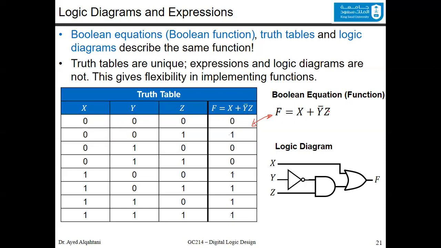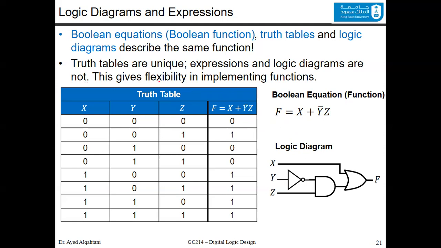By having a function, you could generate a truth table. So there is a one-to-one mapping. If you know the truth table, you could generate the function. If you know the function, you could generate the truth table. Similar thing between the truth table and the logic diagram, and between the logic diagram and the Boolean equation. So as we said here, truth tables are unique, expression and logic diagram are not.